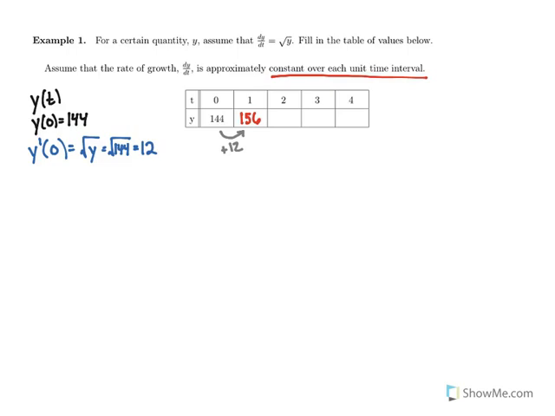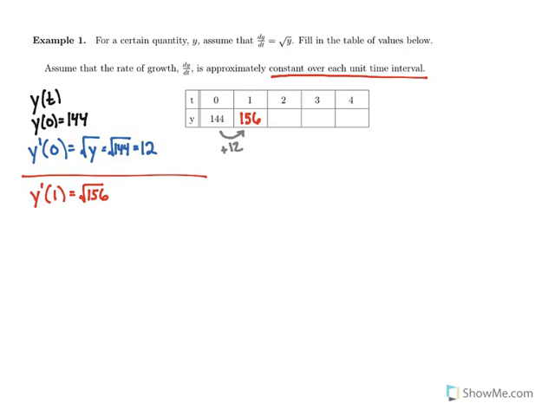But at that point, we need to redo our derivative. So y prime of 1 is equal to the square root of 156. We'll just leave that as square root of 156, and that is going to be our derivative.